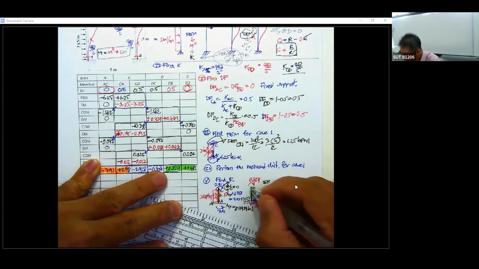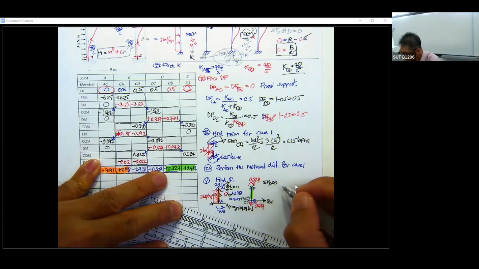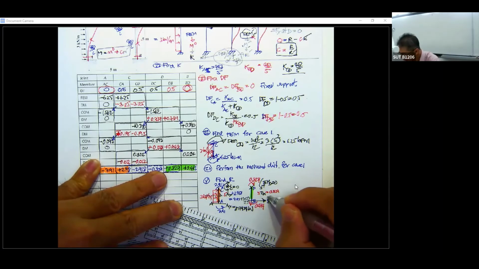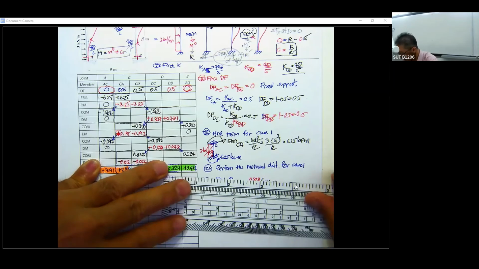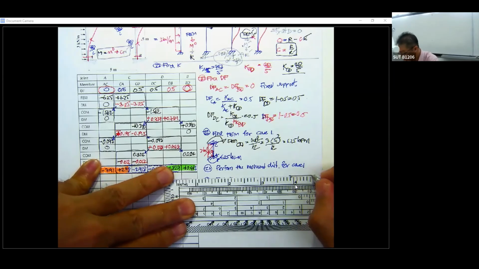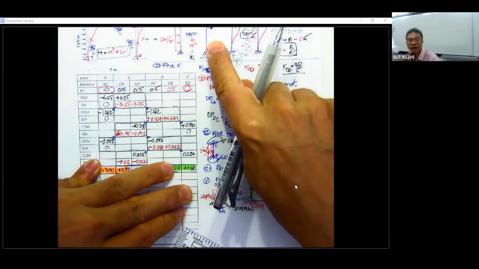Summation of the moment about D is 0, and say this is positive. So the B sub x times 5 is going to be equal to 0.829 plus 0.414. So you get the B sub x to be very small, 0.6215.